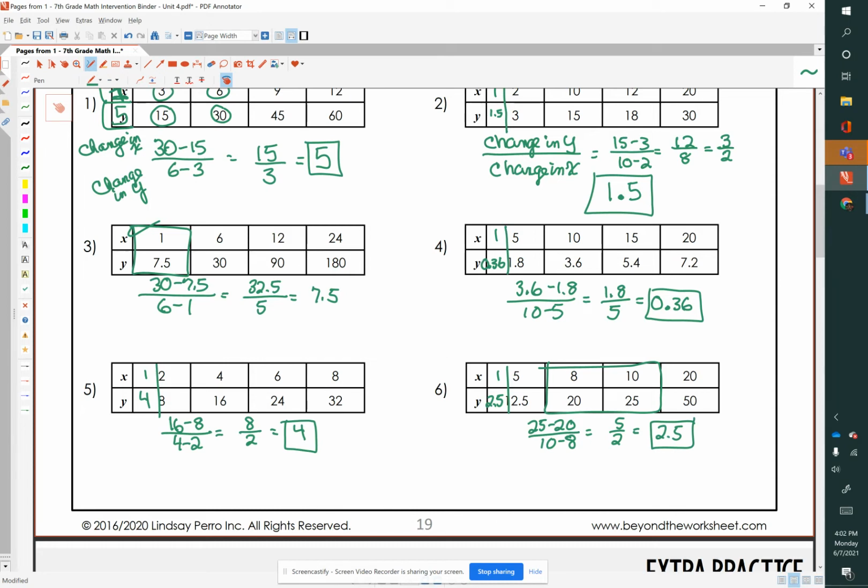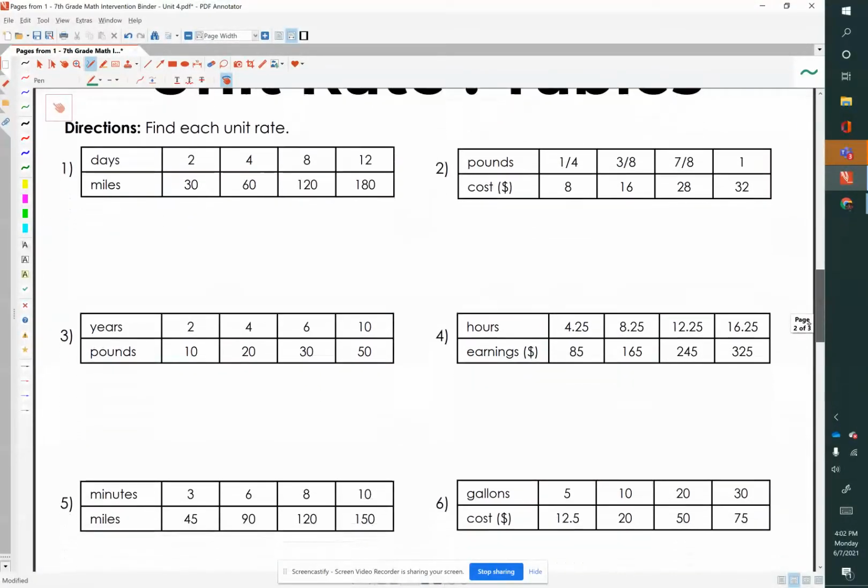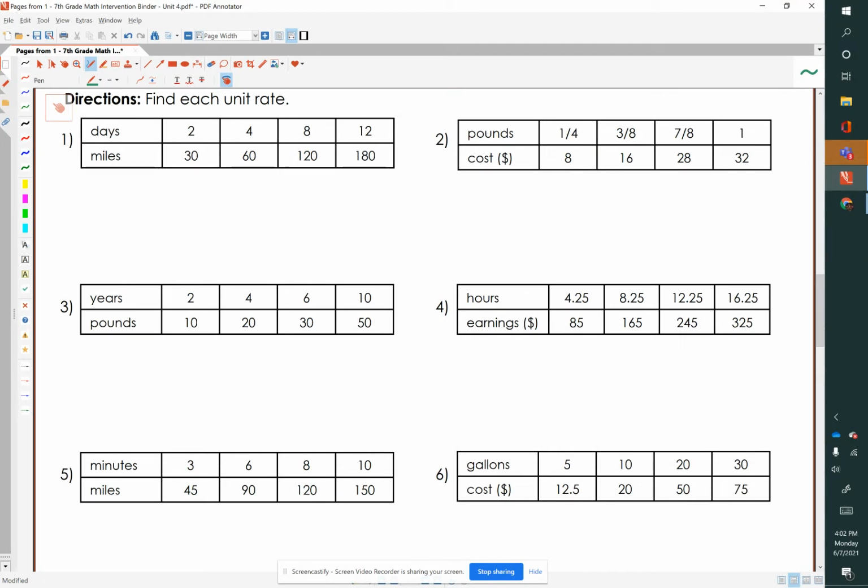We're going to do a number of practice problems here. So let's start with number 1. We have days and miles. Now I like these. We've got labels. We can actually label our answers instead of just leaving them as numbers.